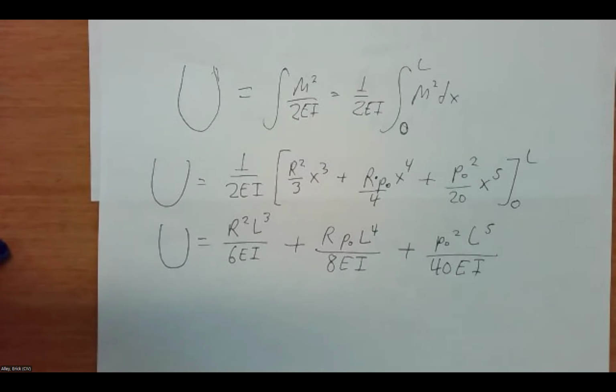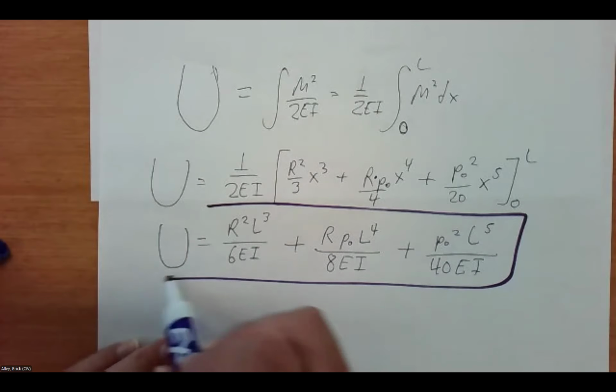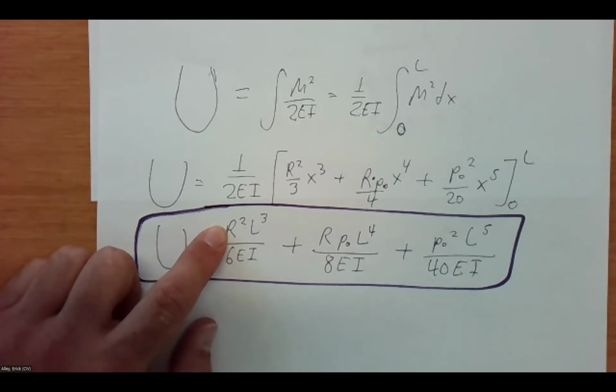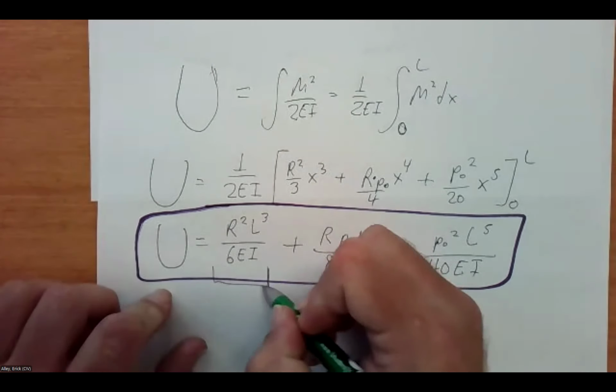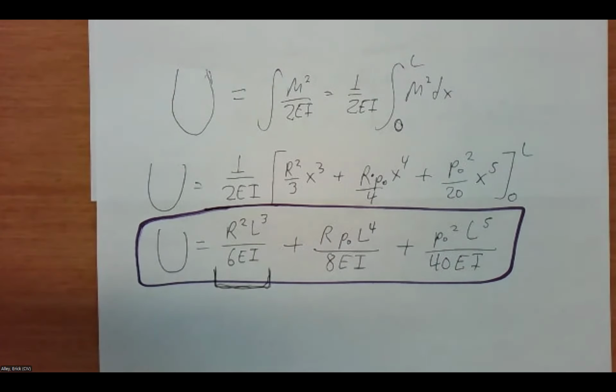So here's my energy for the whole expression. It's got 3 terms, okay? It's got a contribution from just R. That's the exact same as the cantilever energy we got in the last problem, right? Should look the same. It's got a term that is a product of the end load and the distributed load, and it's also got a distributed only term.